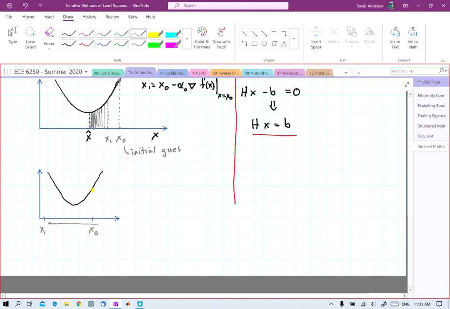It's possible that we could move further from our solution instead of closer. So in this case, we have a step size too large.